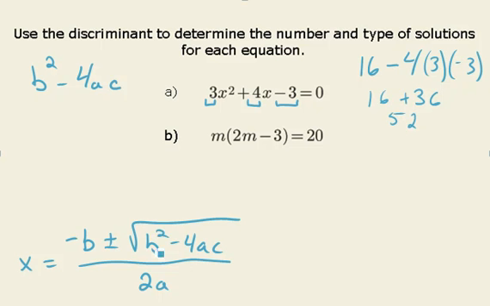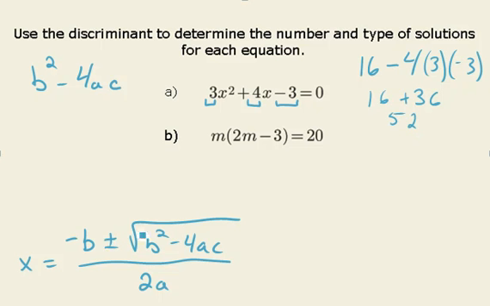Now 52 is not a perfect square. 52 is 13 times 4, or 13 times 2 times 2. So we could pull the 2 part out, but there's going to be a square root of 13 involved. So we're not going to get a rational number because we have that square root in there. It's not going to be a complex answer because 52 is positive, so I don't have a negative under the square root.